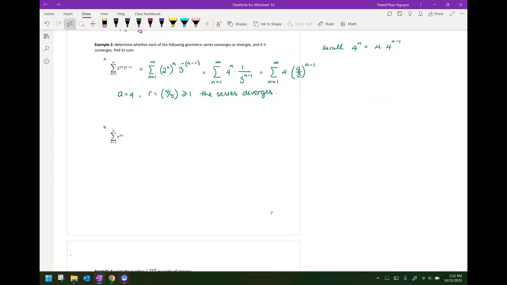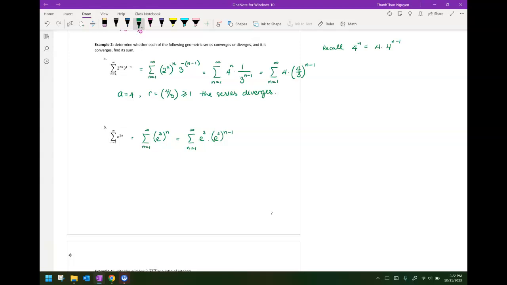In the next case, we have the sum from n equals 1 to infinity of e to the 2n. So let's rewrite that into a geometric series. This is the sum from n equals 1 to infinity of e to the second times n. This is the same as saying the sum from n equals 1 to infinity of e to the second times e to the second to the n minus 1.